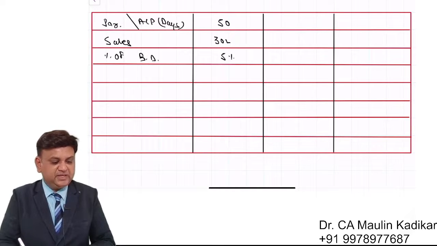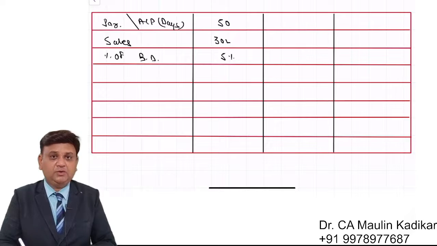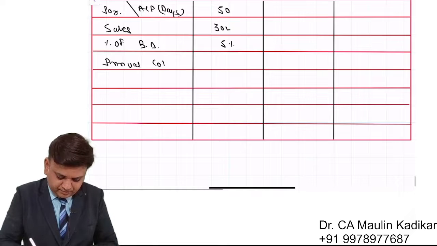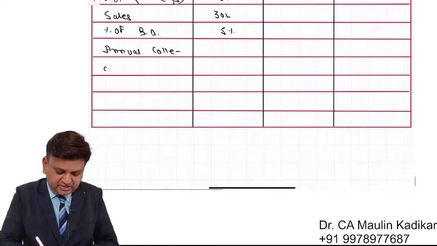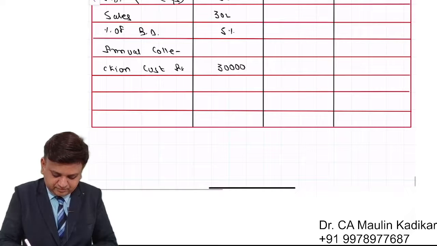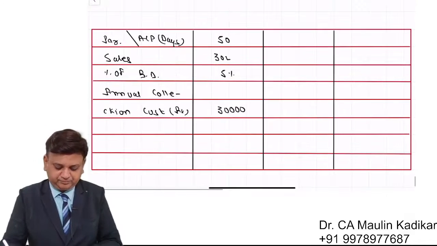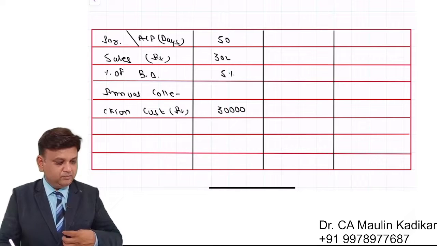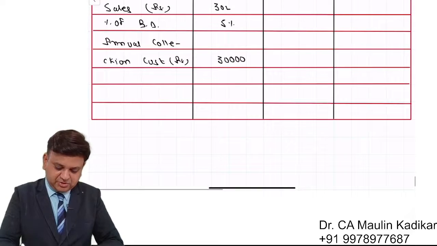The company is incurring an expenditure of 30,000 on account of the collection of the receivable, an annual collection cost of rupees 30,000. Discounting rate is given as 10%.